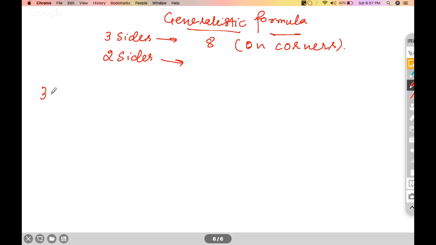When it was 3 into 3 into 3, what I did, I made this and I separated like this. So I removed corner ones. How much did I get? I got 1.